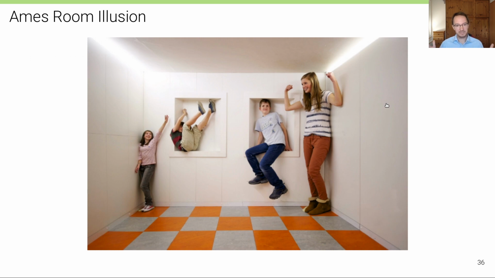Here's an example. This is the famous Ames room illusion, which you might have seen. This is a room that from a particular perspective looks like a real room, but it's actually not. It's actually deformed. And through this particular point of view, it looks like it would be a real room, but because it's not, objects that are in that room look as if they were of different sizes.